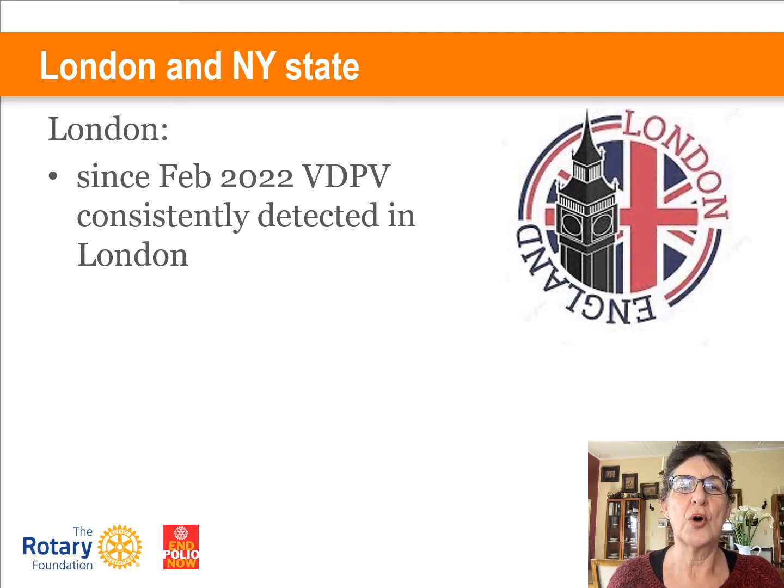However, there was vaccine-derived virus detected in several places in northwest London, which raised alarm bells, and there was an intensive vaccination response to try and make sure that everybody is protected. There have been no cases of vaccine-derived polio virus in London.